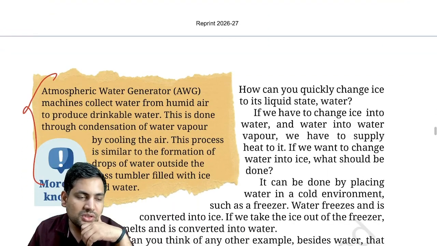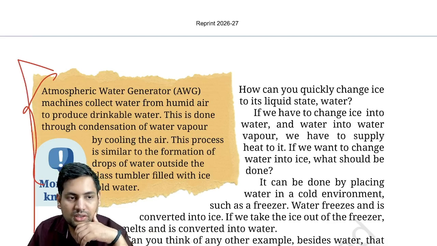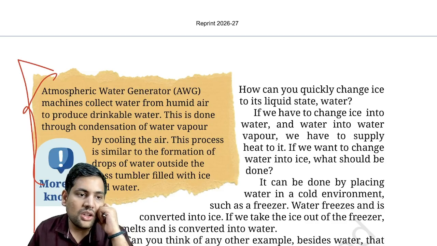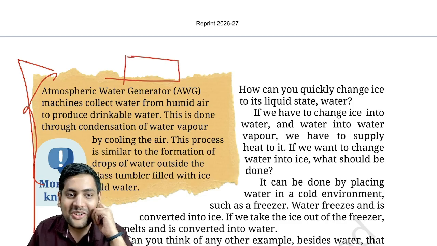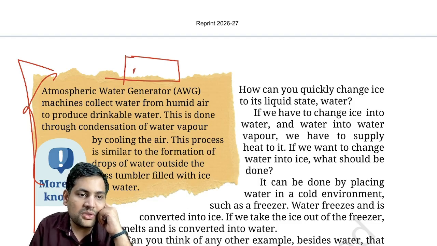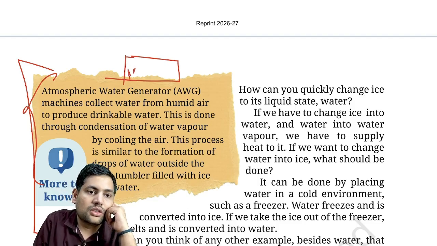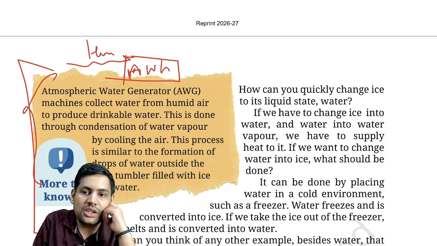So one thing it talks about is atmospheric water generators, AWG. This is experimental right now. So let's say in Chennai or in any place where there is a lot of humid air, you can have AWGs. Now what this AWG will do: the air that is passing is very humid, correct?